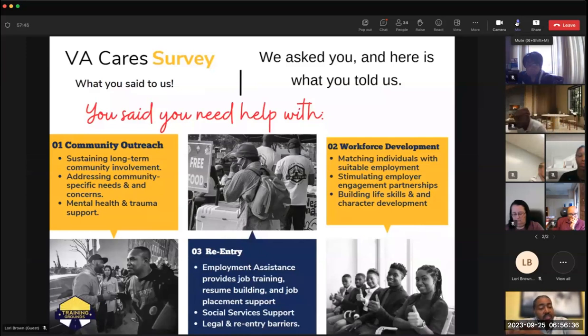And then building life skills and character development. You will hear with respect to our approach really how important we believe this is: building life skills, soft skills, bake that into the cake, if you will, in making sure the workforce is ready, engaged, and we have sustainable employment.